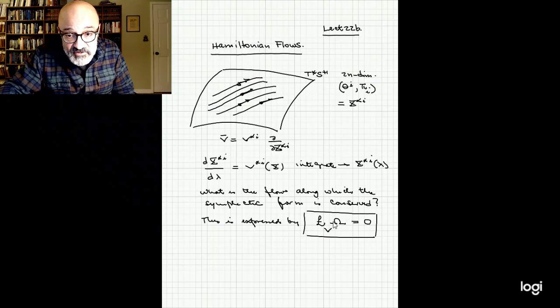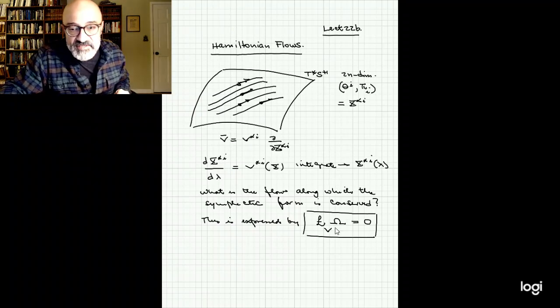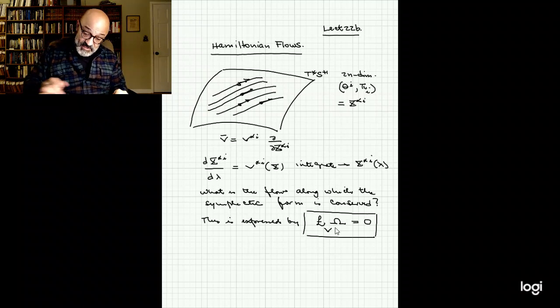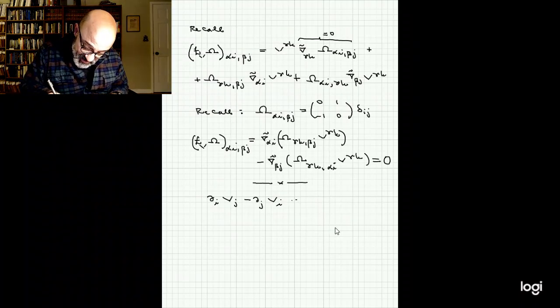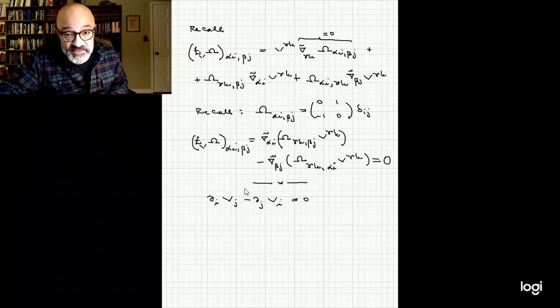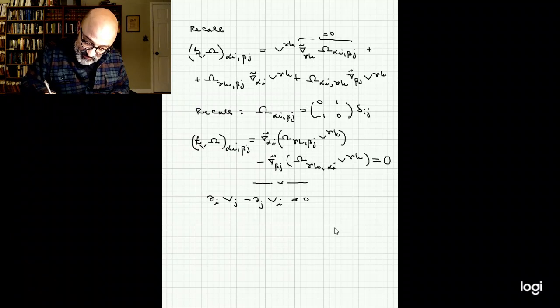We want to figure out what are the V's such that the derivative of the symplectic form, the Lie derivative, vanishes. What are the particular flows such that as you move along the flow, the symplectic form is preserved. So this is going to vanish. So this equation looks something like this. And if you look at that, this is a curl.